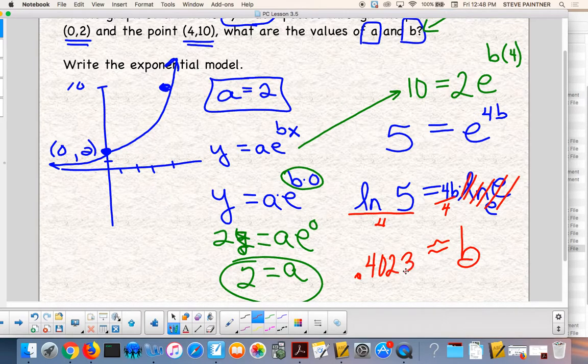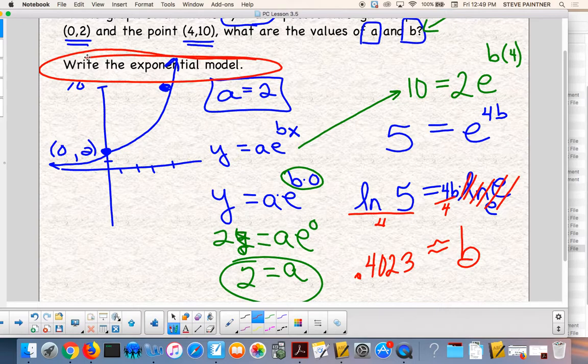It's really nice if you go about 4 out on this because you're going to be asked questions later. Like, what is this point? And if you have a better B value, you get a more precise answer, okay? Did you read this? Now they want you to write a model that would fit this graph. Well, your model has a B value of that.